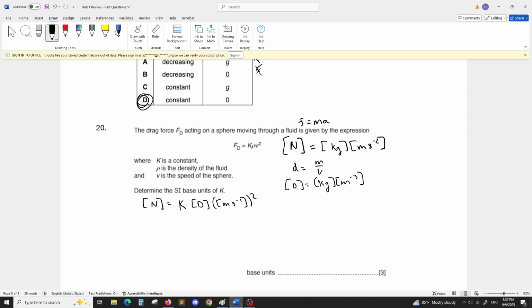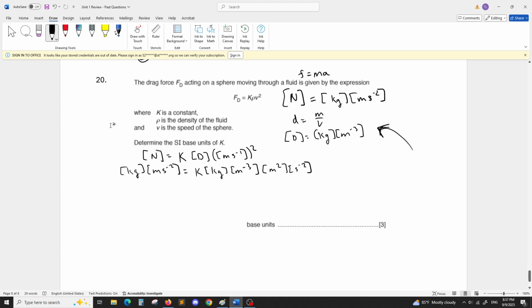Now, since we have our second step, we have to plug in our derived units. So newtons is kg m s^-2, and it's equal to k times kg m^-3 times m^2 s^-2.